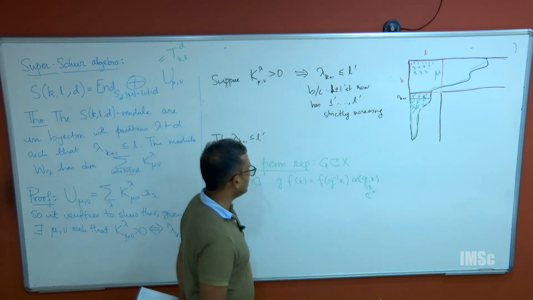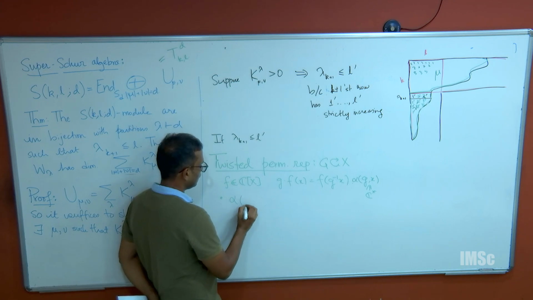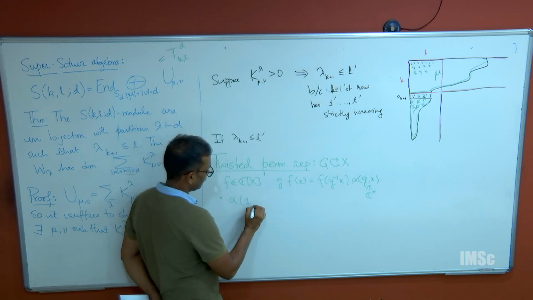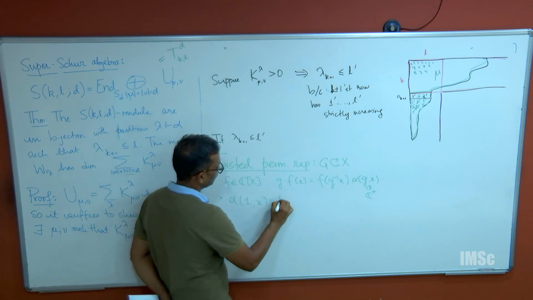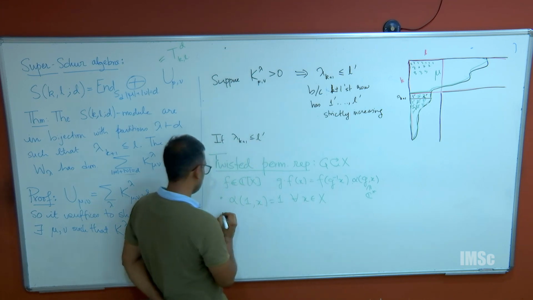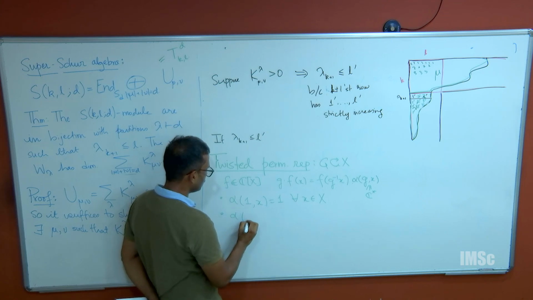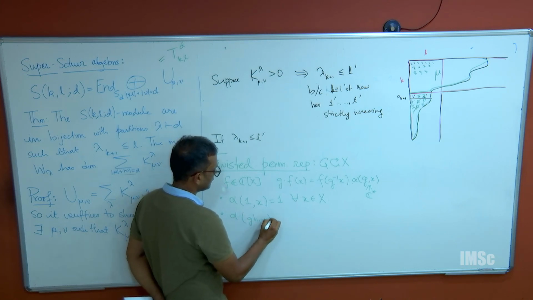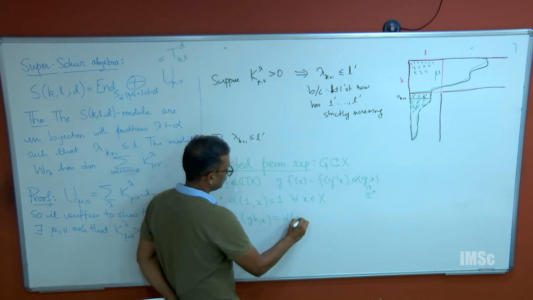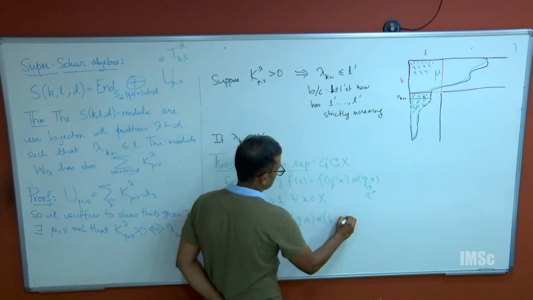So, what is the condition for this to be a representation? You require that alpha(1, x) is equal to 1 for all x in X, this is just a normalization. And if you want this to be a group homomorphism, just work it out, what you will get is alpha(gh, x) equals alpha(g, x) times alpha(h, g inverse x).